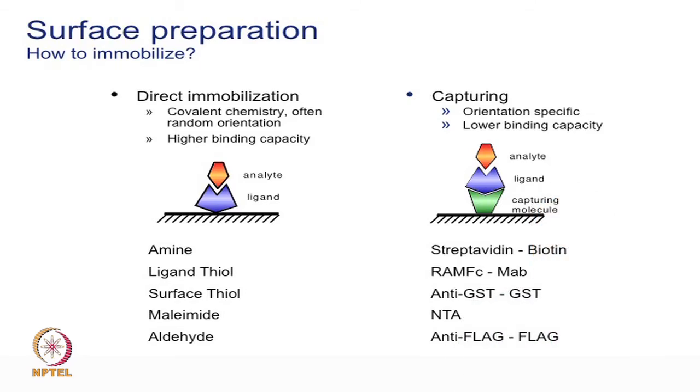The other way of doing it would be a capture. So, we will look at the different sensors or surfaces that are available, and we go into each one of them in a little detail to understand what they are, what is the major utility of them, and how we design an assay based on these chips.